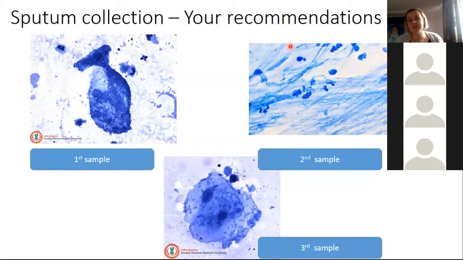Divya, you can see microscopy slides of 3 samples of sputum. What can you say about this? How can you describe it? What do you see in the pictures?